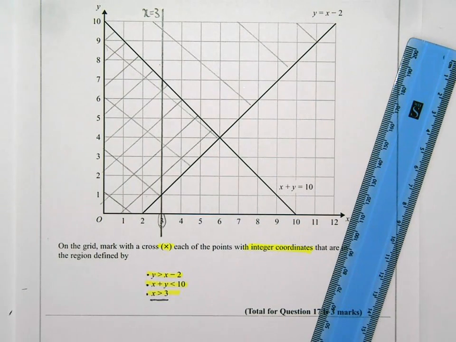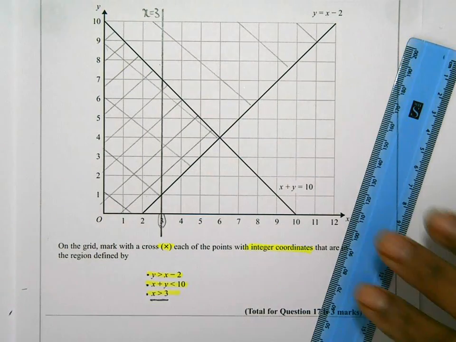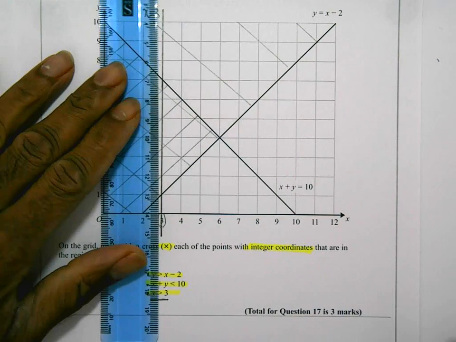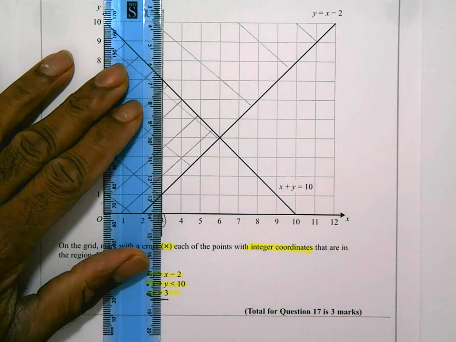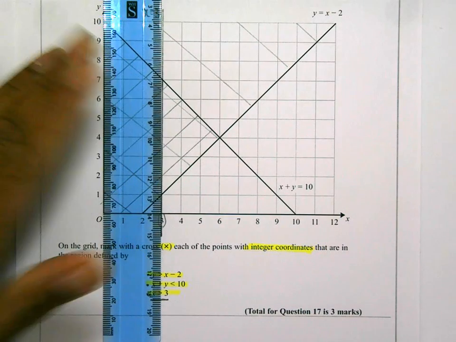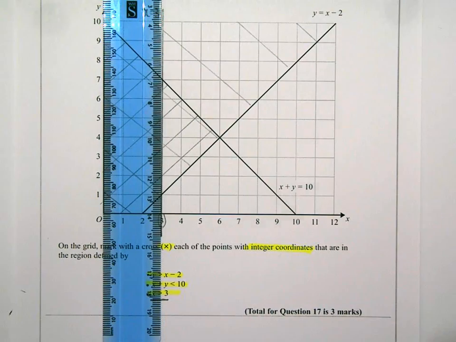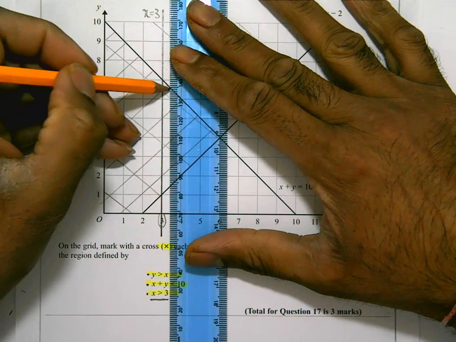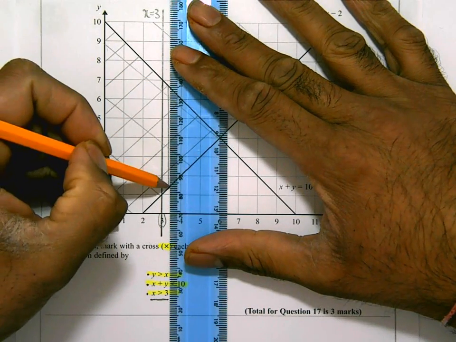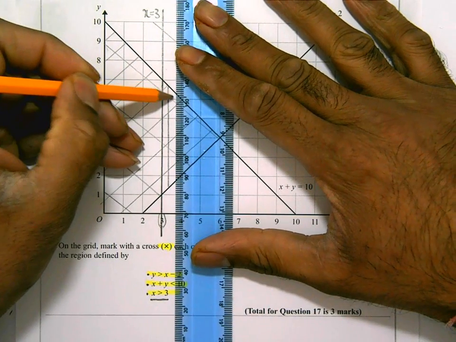Now for x is greater than 3, it's everything on this side here, so it's all of this space. But where does that overlap with the region that we've been interested in so far? Well, it's this triangle over here that's going to be the bit that we're interested in, and I'm going to shade that in as well.